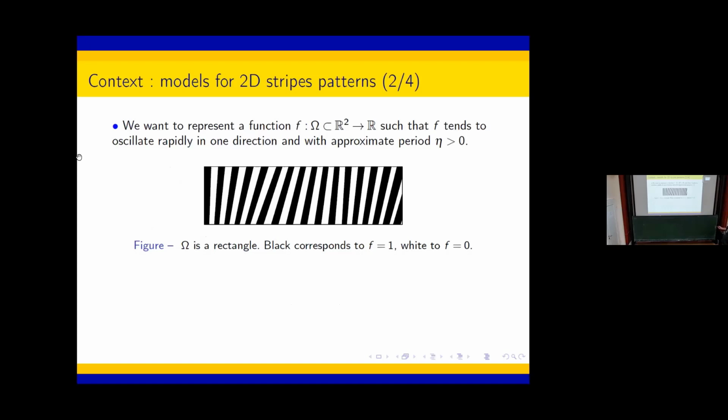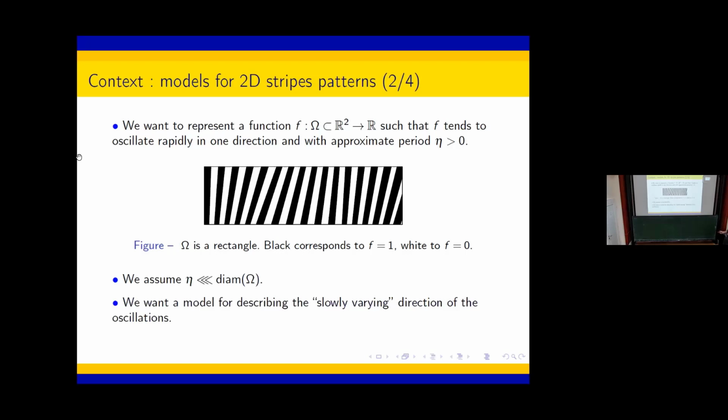This is described by a function which takes only two values, 1 and 0, which correspond to black and white. We assume that the period is small, so at some point you will not want to see this, but just the directions of the stripes.